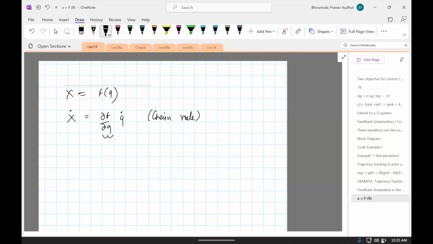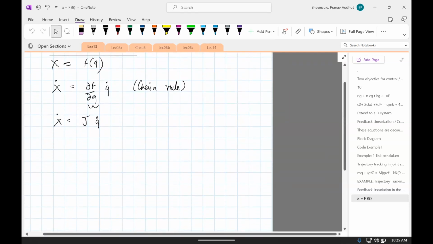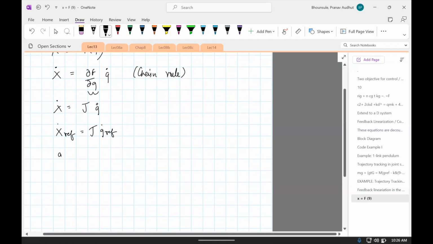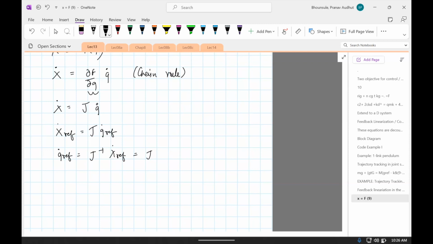And df dq is J, right? The Jacobian times q dot. So x dot ref is J times q dot ref. And so if you want to compute what q dot ref is, it's simply J inverse x dot ref, where capital X dot ref is small x dot ref, y dot ref.